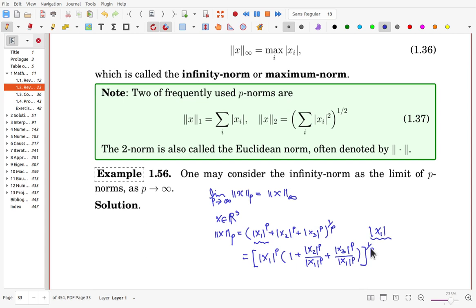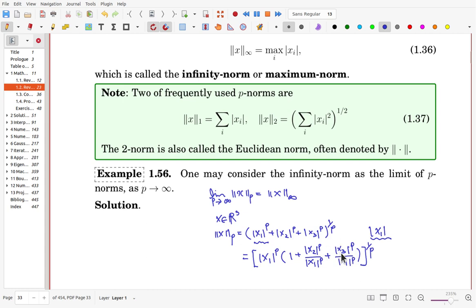As p increases, these two terms converge to 0, because the denominator is larger than the numerator, so the ratio is less than 1, and the power p makes that term go to 0.